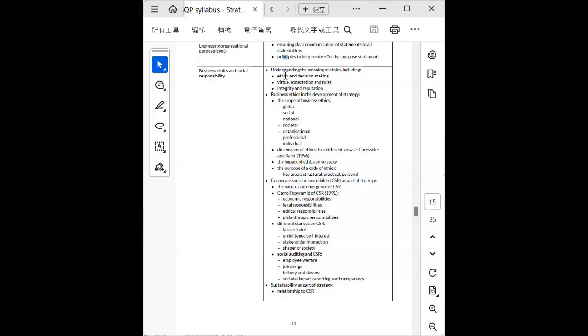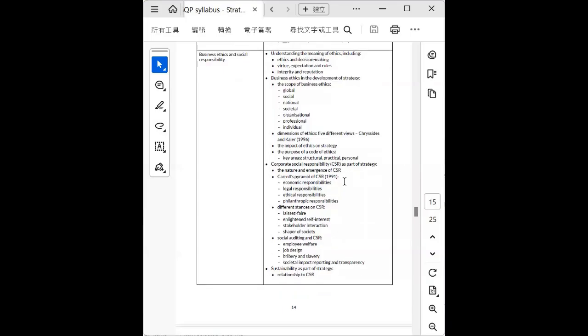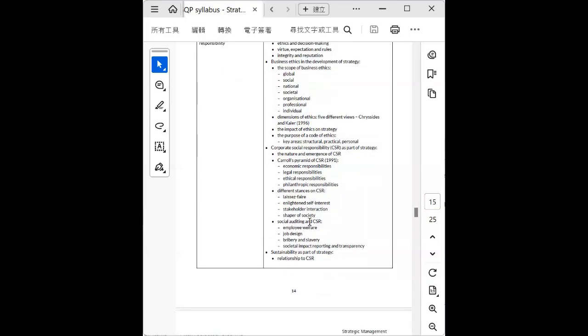And then we have the different stances of CSR, which are laissez-faire, enlightened self-interest, stakeholder interactions, and shaper of society. And then we have social auditing and CSR.